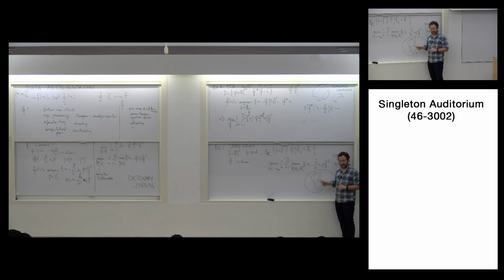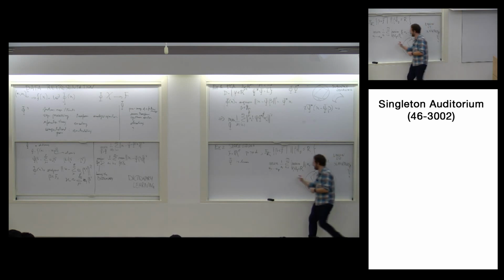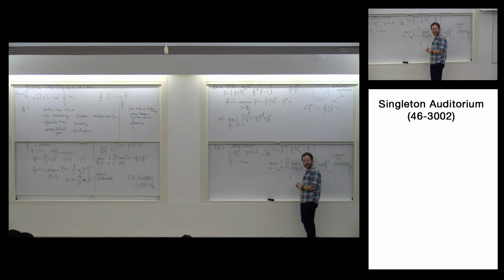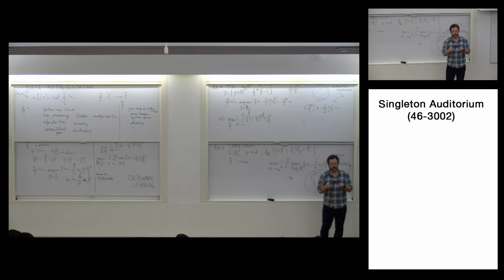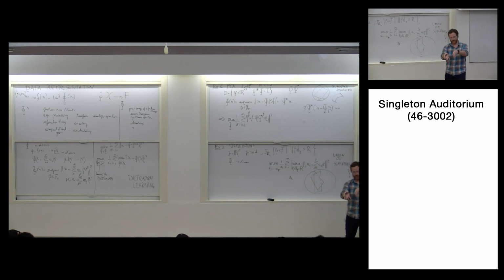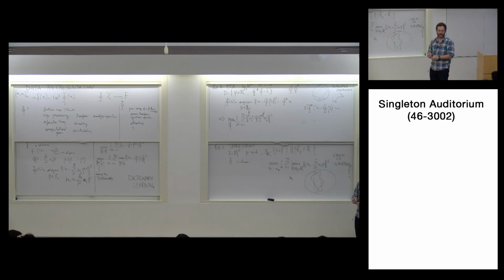P typically is going to be much larger than D. If this is a three-dimensional space, P could be, I don't know, 100. So this is a magic number, you can call it S, which depends on the way you choose R. It is the sparsity that you want for vectors, and this is implicitly controlled by R.